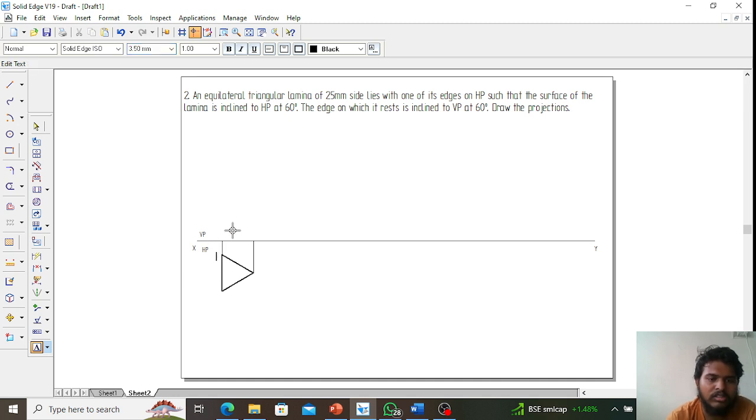This is A, this is B, and this one is C. And similarly this edge will be B dash, A dash. A dash will be in bracket because A dash is not visible. So this will be C dash.